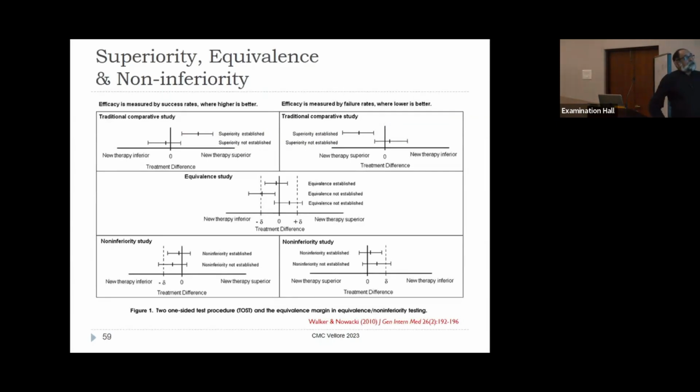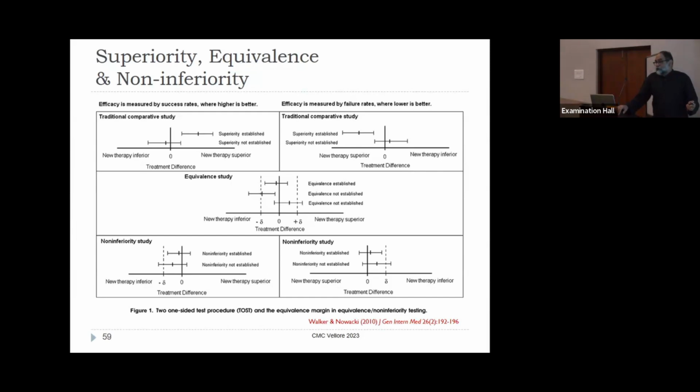If the outcome is a good outcome, so remission in cancer, curing somebody of the disease, then you want to be on this side. But if you're studying heart attacks or cancer relapse, or you're looking at something that's bad, like getting a stroke, then you want to be on this side.